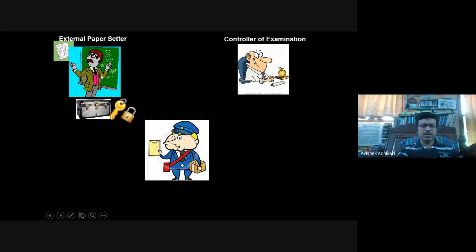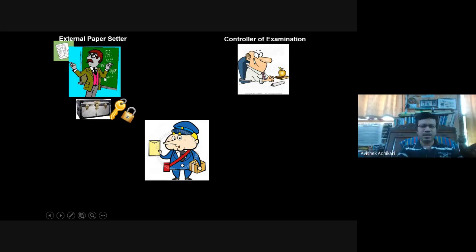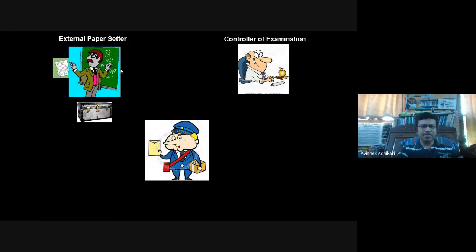Now this external examiner will receive the box, lock and key, and he prepares the question papers, and when he finds time he puts them inside the box. Now he makes a lock and key. Now if I ask you how he sends this lock and key to the controller of examination using this postman, any suggestion?